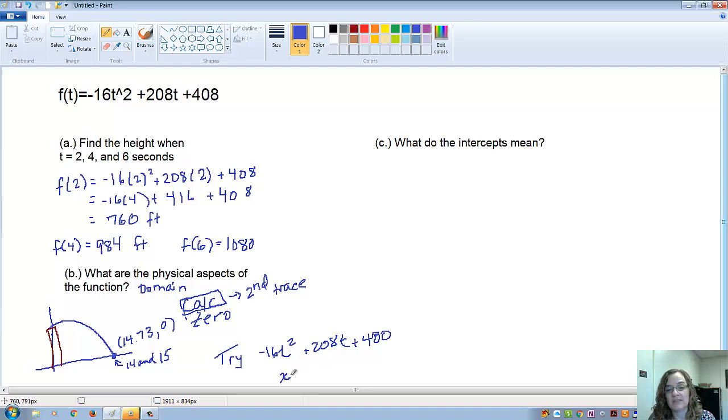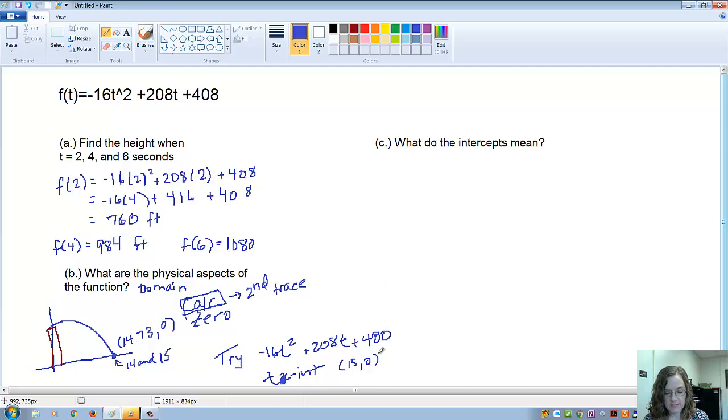You'll see that the x-intercept here, or the t-intercept, is at 15, 0, if I'm remembering correctly. Let me just check it real quick. You can always fast forward if you need to. Yeah, it does hit right on an integer.